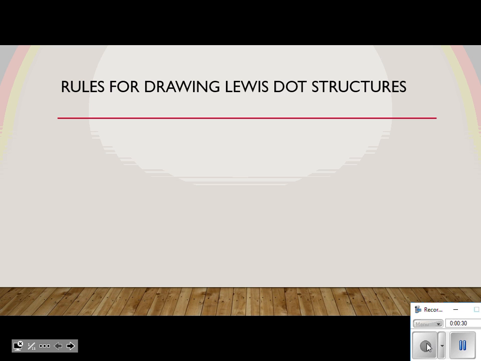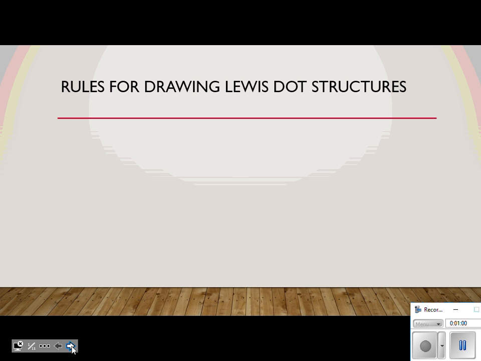Now, I've looked in many different places, and I've seen many different rules on drawing Lewis dot structures, and I'm not real sure if I like any one set of rules. I don't know if you can really have just a single set of rules for drawing these dot notations.